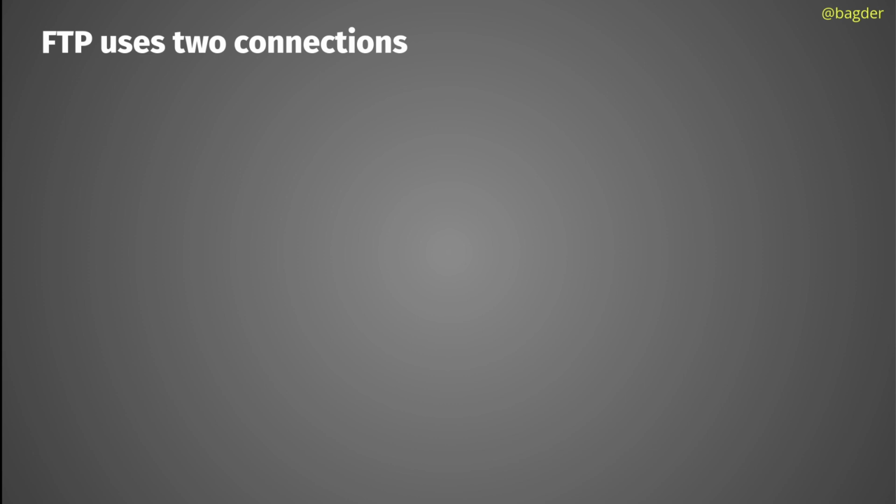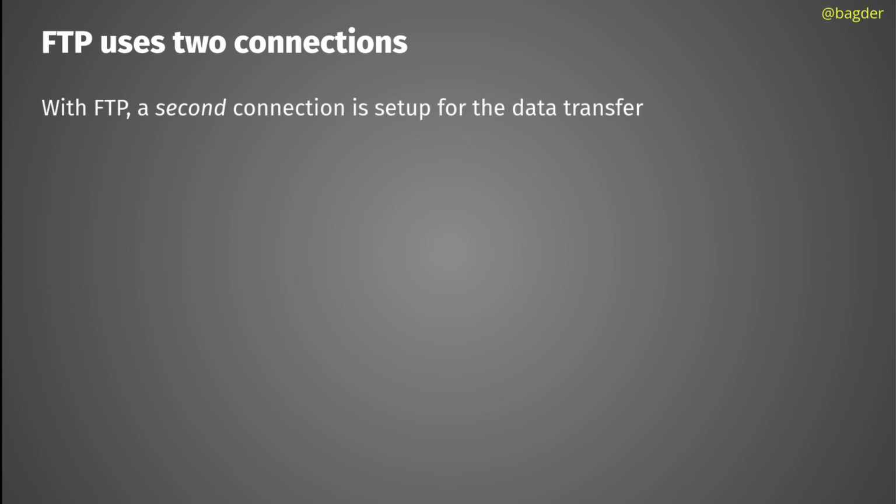Okay, first, what makes FTP funny, weird, strange, complicated, ugly, yet super annoying to work with? That is, it uses 2 connections to do transfers. Yes, 2. How does it do 2 connections and why? Well, basically, when you want to do a transfer, curl connects to the FTP server.